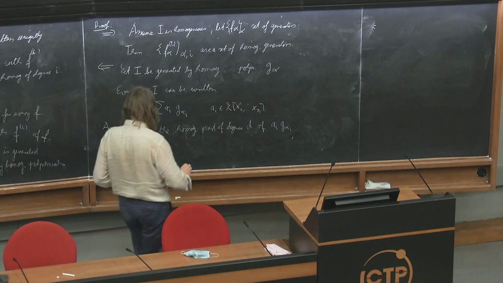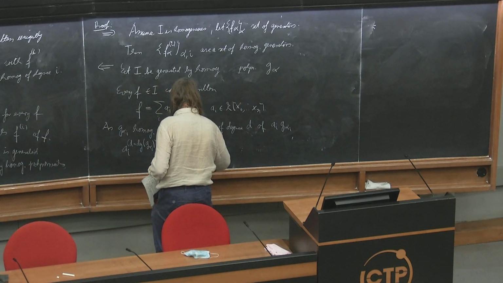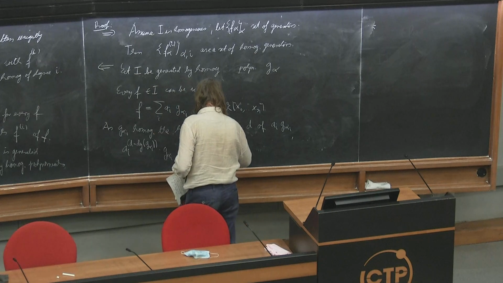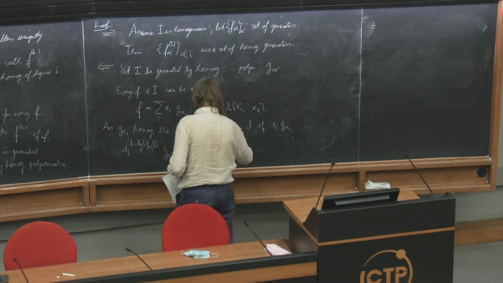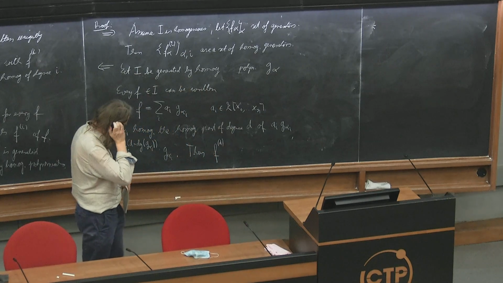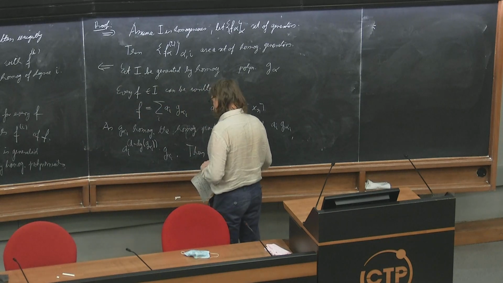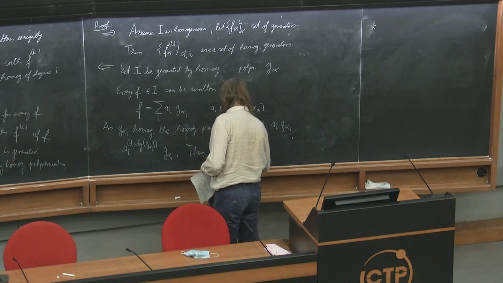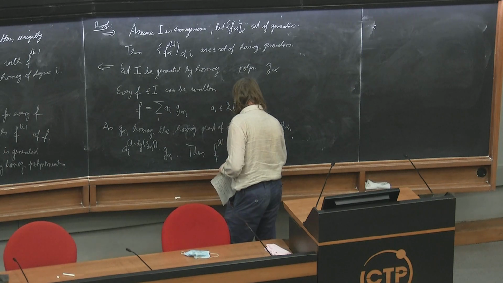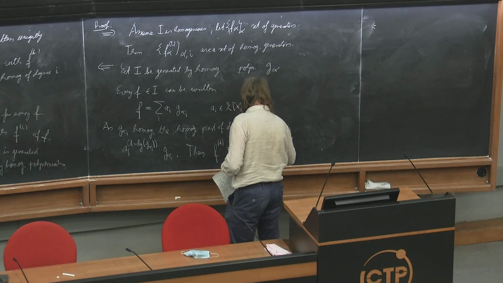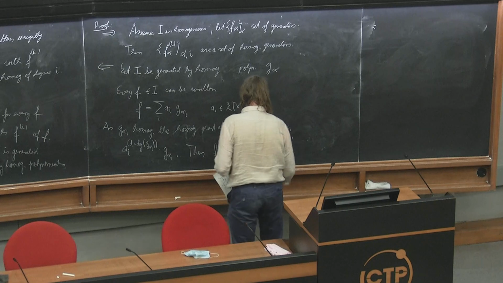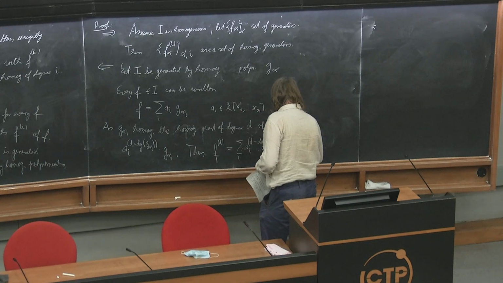Thus we get that the homogeneous part of degree d of f is just the sum over all i of the part of ai of degree d minus the degree of g alpha i, times g alpha i.